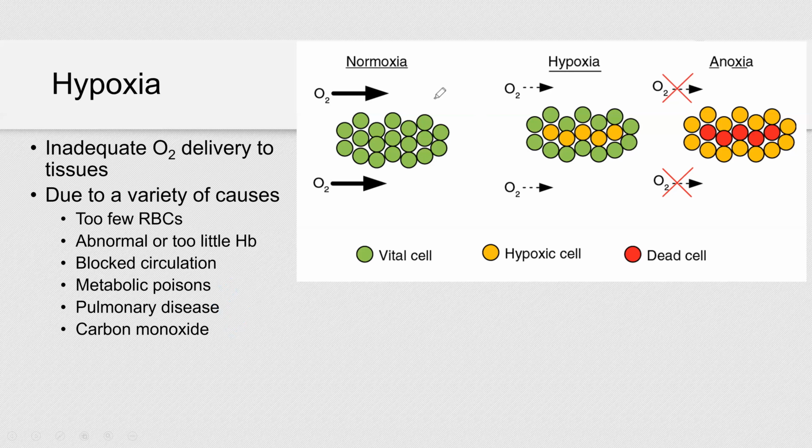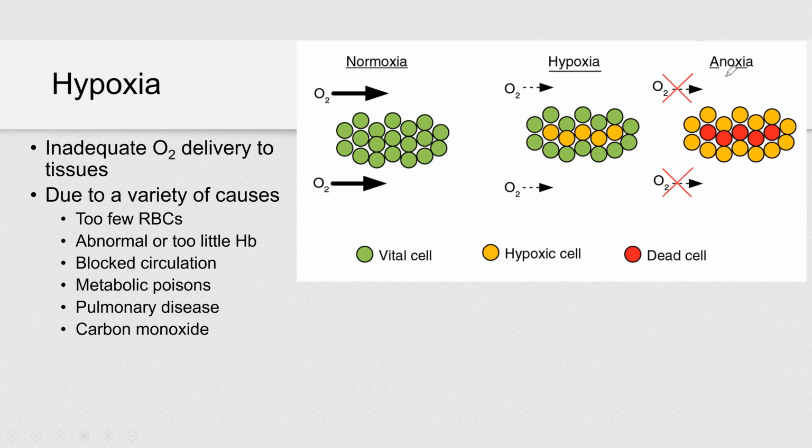But here you can see your normal cells, normoxia, right? Those are vital cells. They receive an adequate amount of oxygen. And here's your hypoxia, and you have decreased oxygen delivery to a tissue. So some cells became hypoxic. So that's low oxygen delivery.